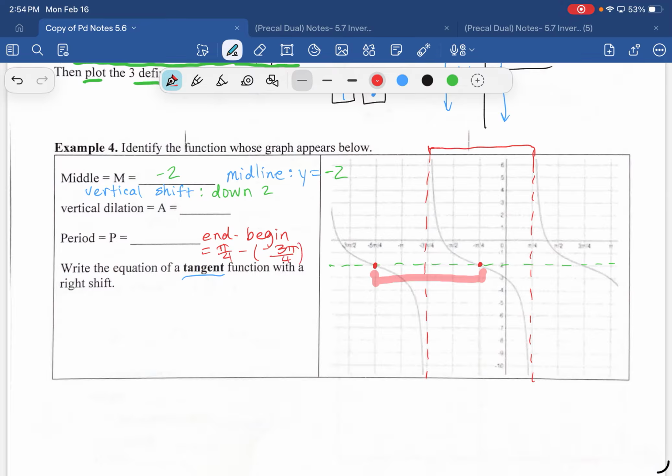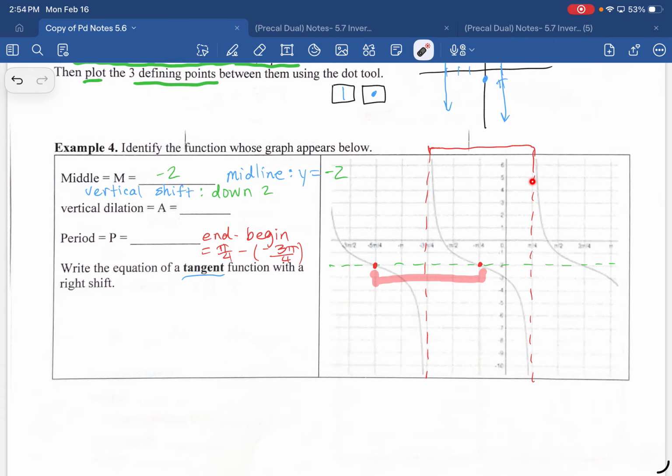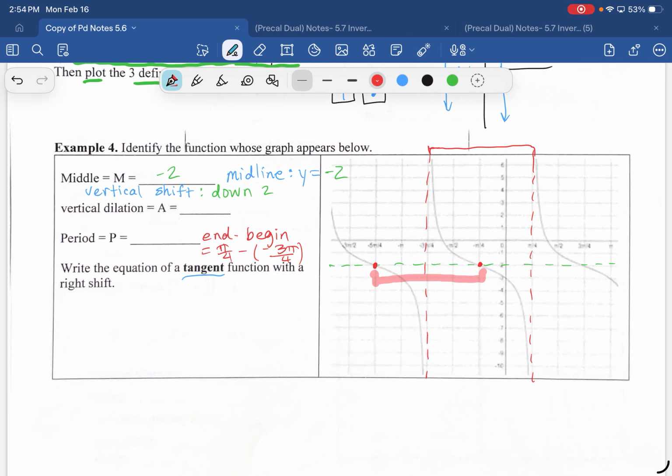Since we see this graph going down from left to right, this is decreasing instead of increasing like the parent graph was. And we noticed that when we were looking at the pattern for the points, A equals -1 is the right choice because this has been reflected over the x-axis.